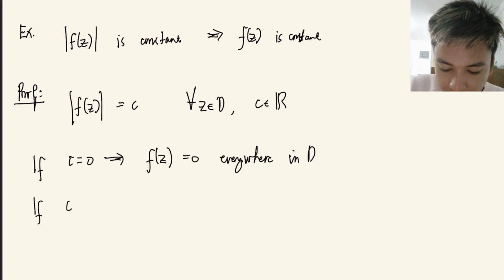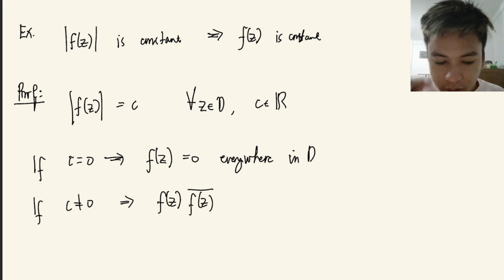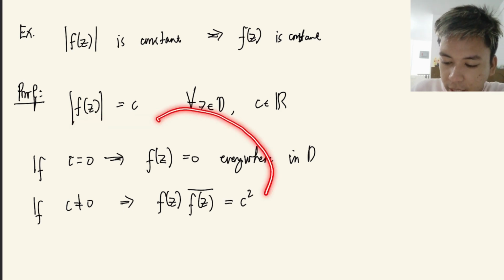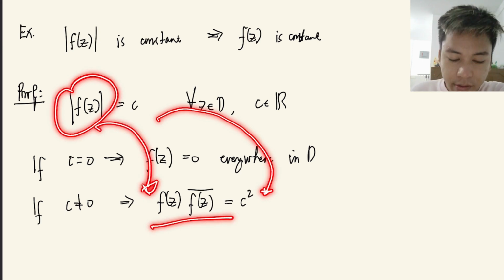If c is not 0, then f of z times f of z bar, so this is this one, is going to be c squared. Meaning to say I square both sides of this one, and so I get this, but the square of the modulus is equivalent to the product of this.